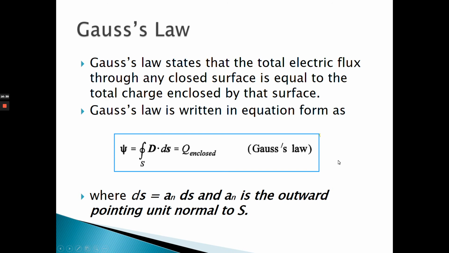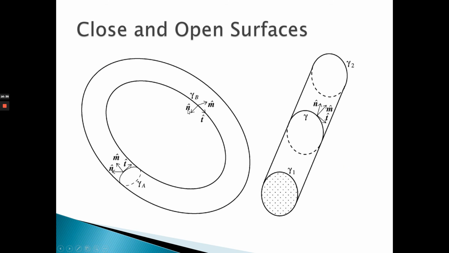So how can it be visualized? See here, this is a loop, right? Anything which has a loop nature, like a circle, or it can be cylindrical also, but it has to be enclosed. It means you start from here, travel, and come back to the same point, so it is a closed loop, a closed surface.